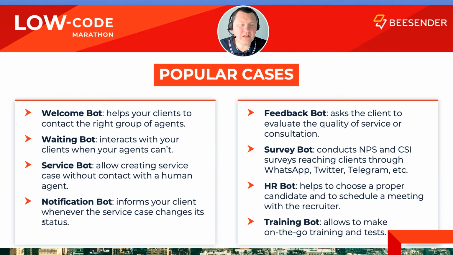If you don't think about this in advance, you can have a situation when your client becomes disappointed because he or she will write a message and will not get anything in return. For this kind of situation, the waiting bot will inform clients that agents cannot answer now, and can offer some alternatives like a callback request or something else.